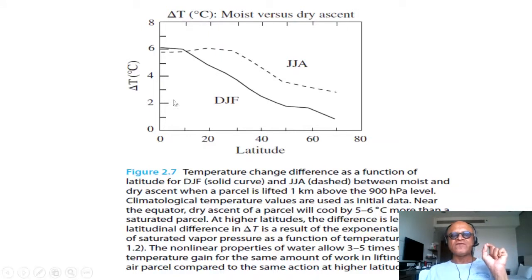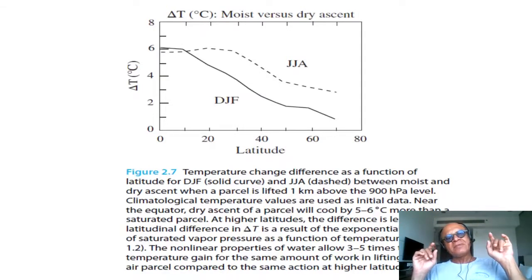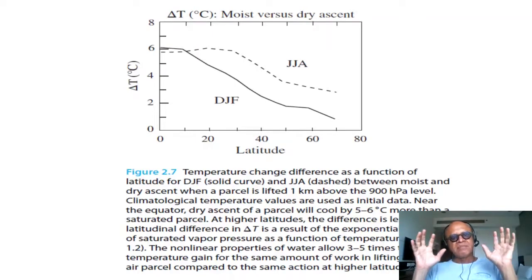If you look at the difference in the change in temperature as a function of latitude for season, this is basically between moist and dry ascent. If you raise a parcel that's dry, we call it adiabatic, basically because it's moving so fast that it doesn't mix with the environment. That's a concept you should remember. It's a very strong concept in meteorology.